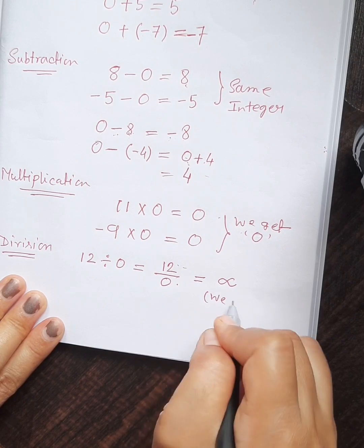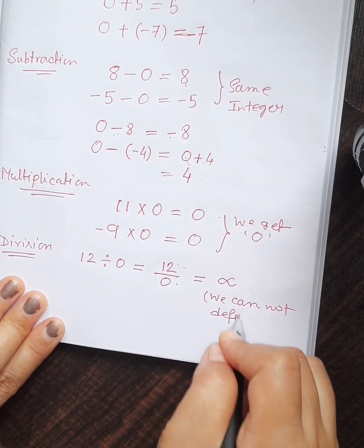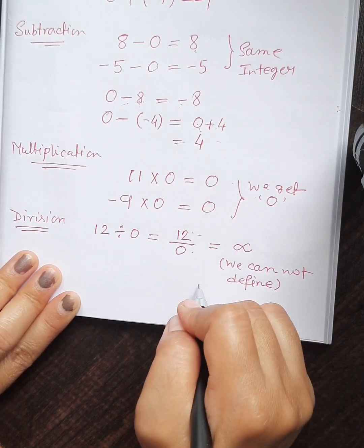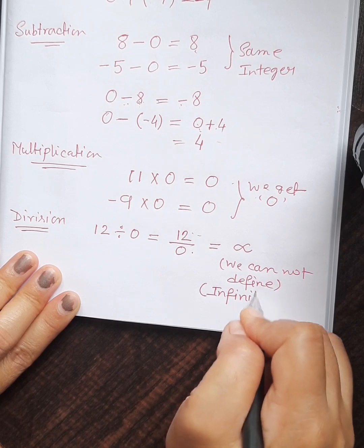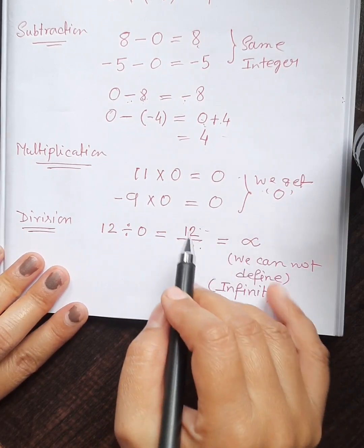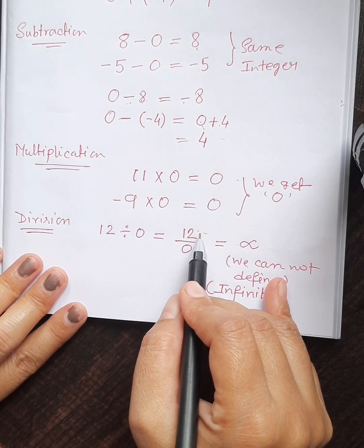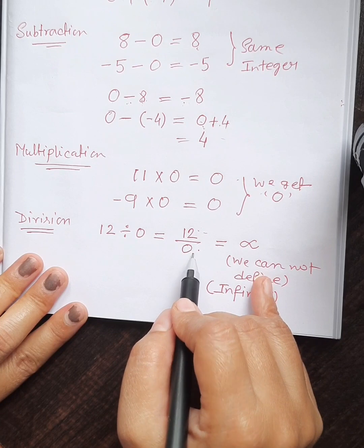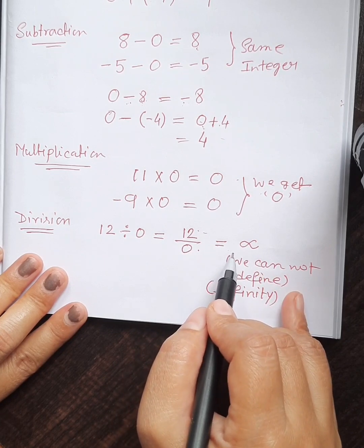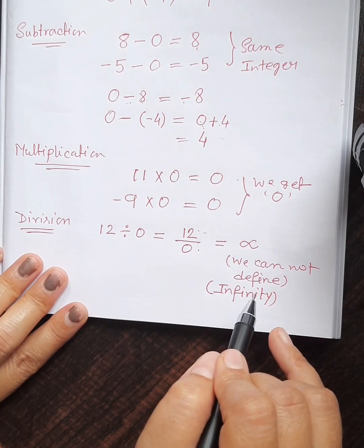We cannot define, or you can write infinity. When the denominator is 0 and the numerator is any negative or positive integer, whatever, but the denominator is 0, then the result is infinity. We cannot find the result.